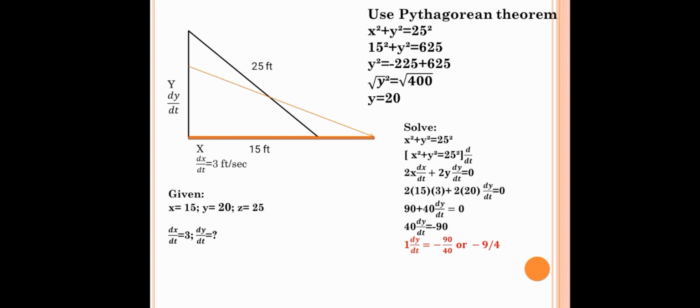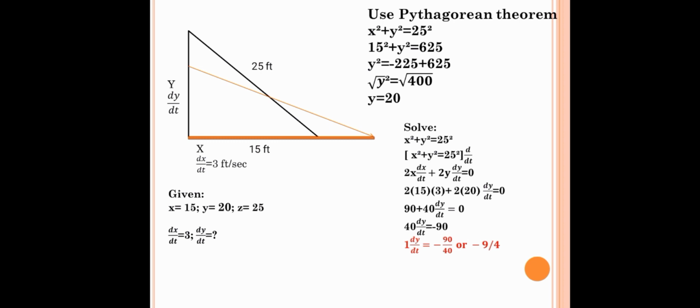Since we now have the value of y, we will solve x squared plus y squared is equal to 25 squared. And this is our main equation. So again, for the next step, differentiate, multiply by d over dt. x squared plus y squared is equal to 25 squared times d over dt.